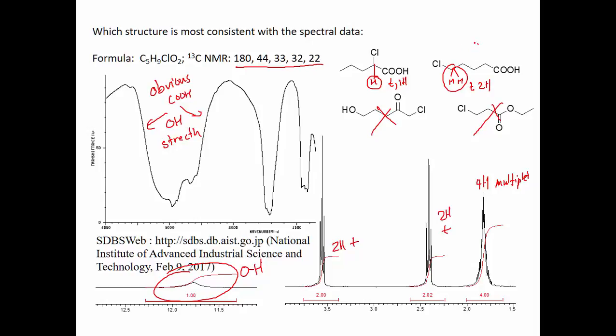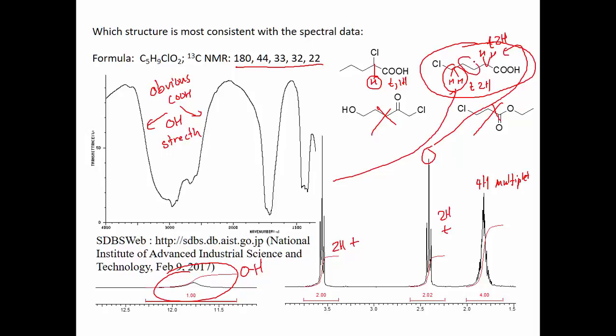So it looks like this is really the only logical choice here, for the compound. This is also 2 hydrogens, triplet 2 hydrogens right here. And these other 4 hydrogens, they're not well separated. They're very similar in where you expect their chemical shift to be, so they exist as a multiplet.